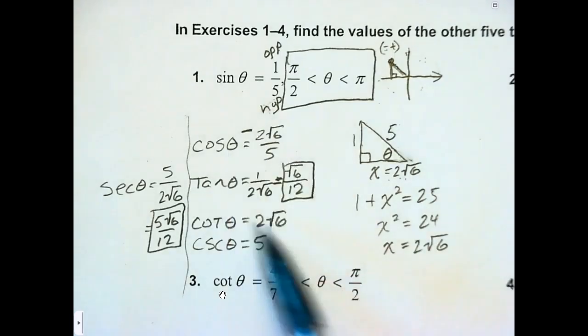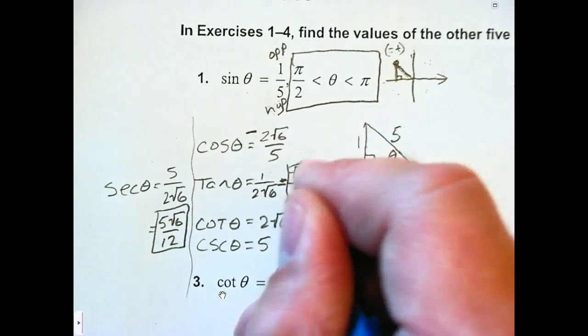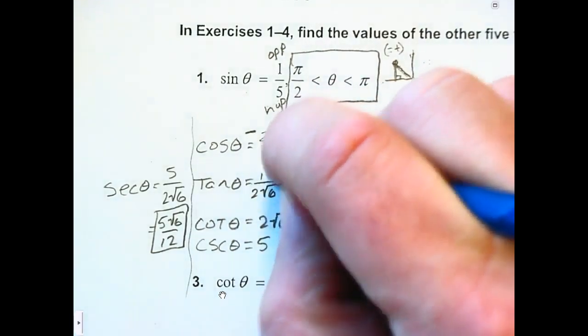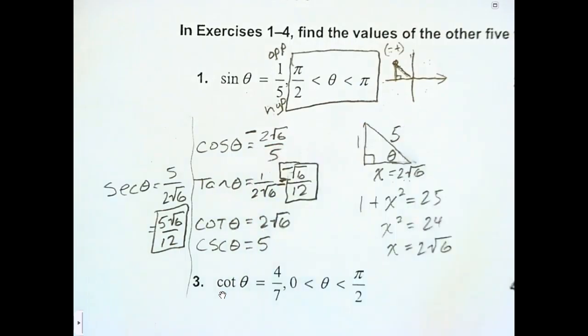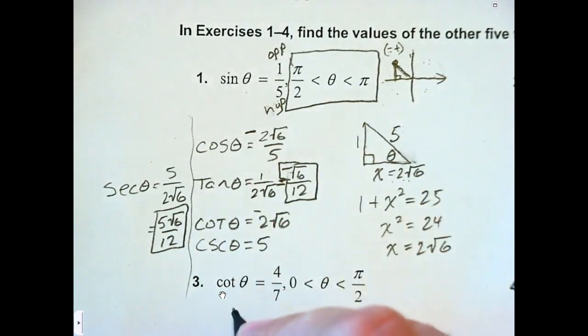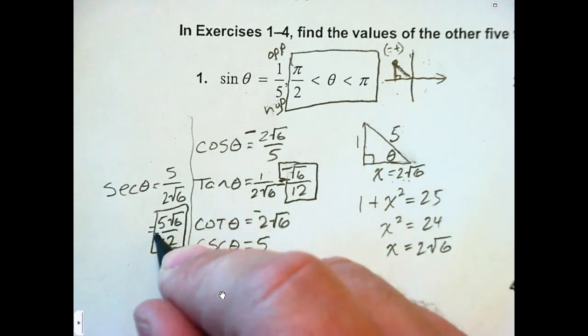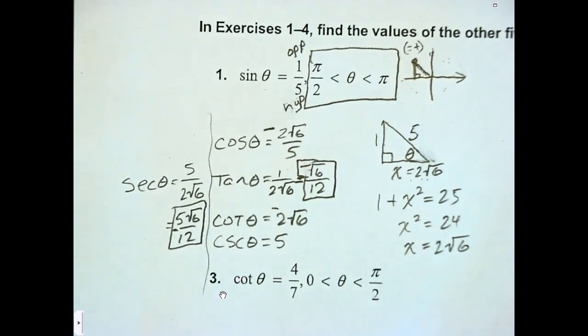So which other ones change? Tangent. So this needs to now be negative. Okay, cotangent is negative, and secant is negative. So the only ones that are positive are sine and cosecant. Very good job.